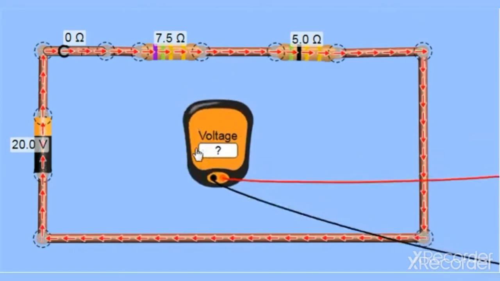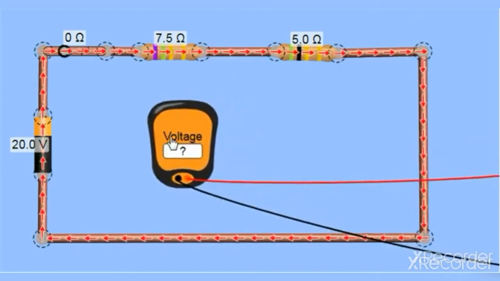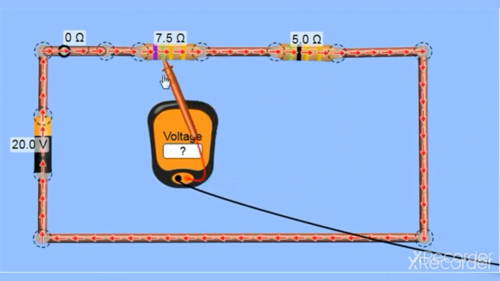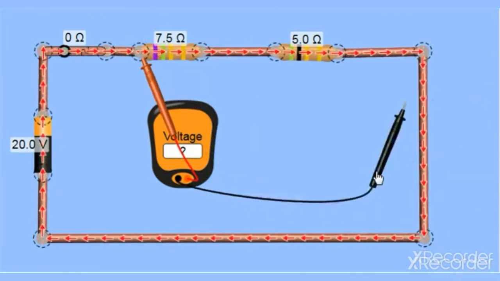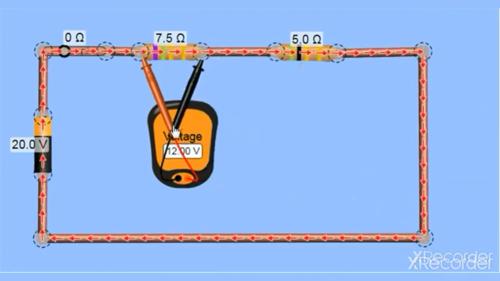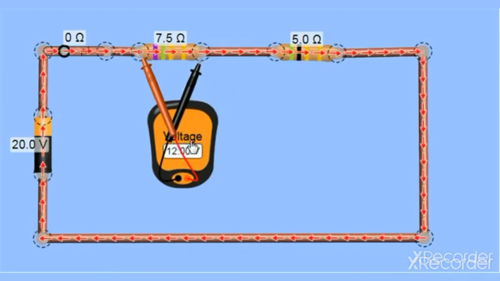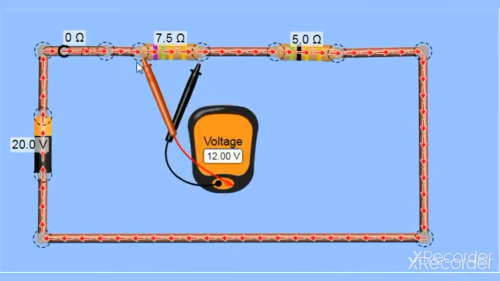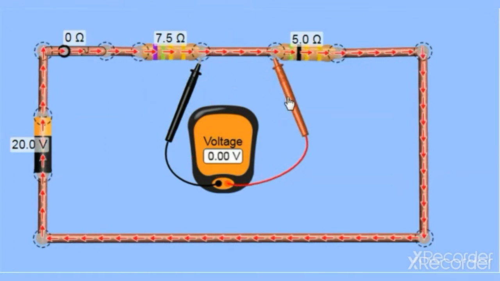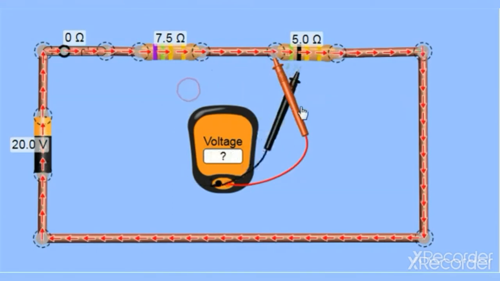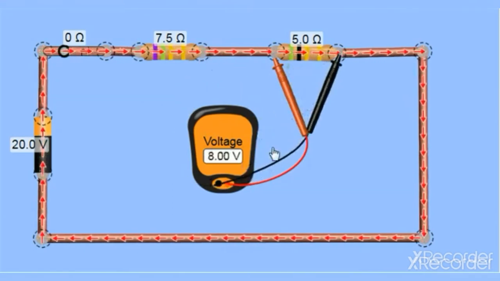Now I am connecting the voltmeter across the resistance. The positive terminal of the voltmeter is connected to the first end, and the negative terminal to the second end of the resistor. Let us see the value of voltage. The voltage drop across the 7.5 ohm resistance is 12 volt. Now connect the positive probe to the first end and the negative probe to the second end of the 5 ohm resistance.